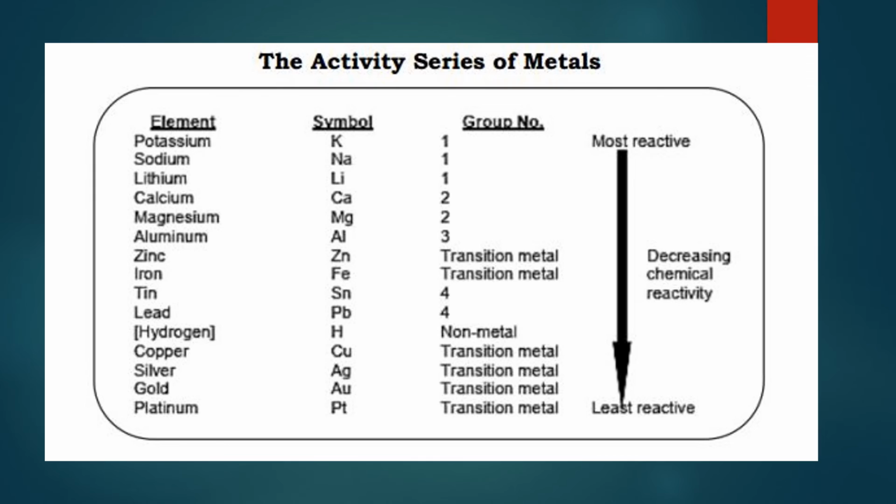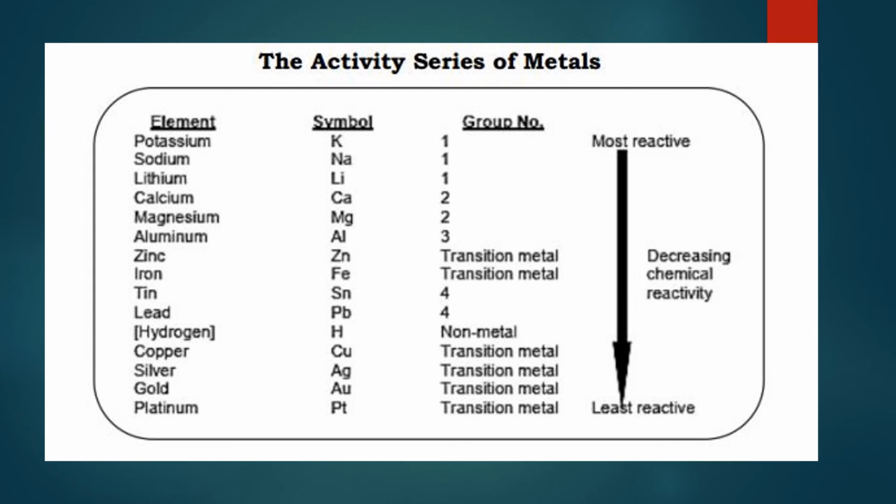So let me give you an example. For example, hydrogen and potassium. The question is, do you think there is a reaction that will take place when putting potassium with hydrogen, which is metal plus non-metal?